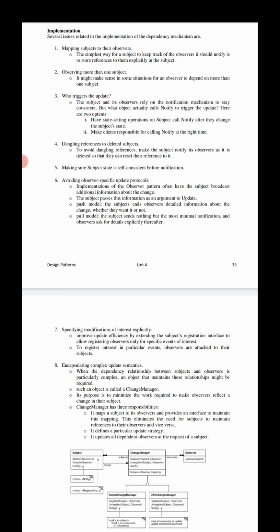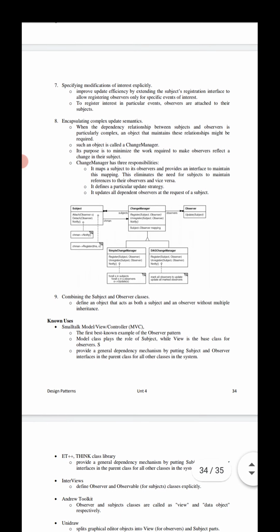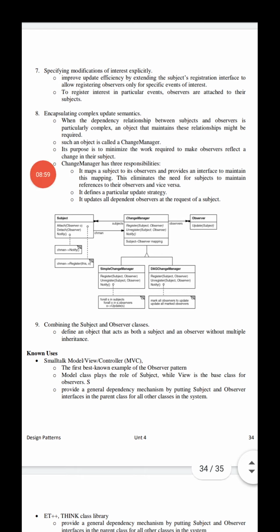Coming to the seventh implementation, specifying modifications of interest explicitly. You can improve update efficiency by extending the subject's registration interface, allowing observers to register only for specific events of interest.